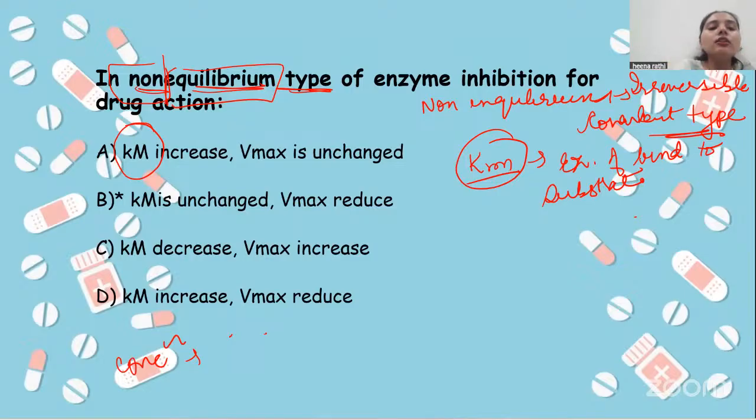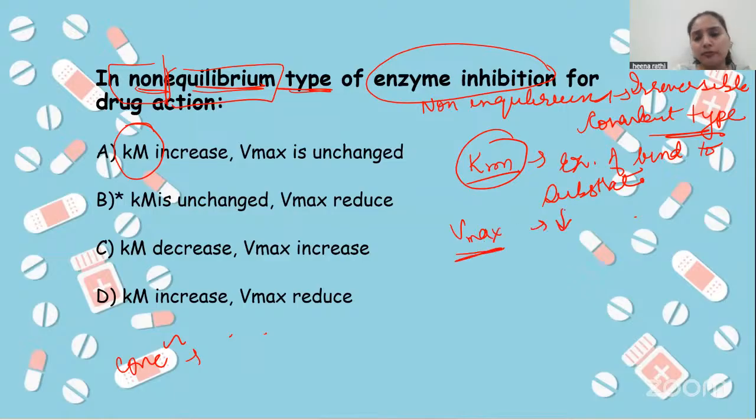Now it is saying non-equilibrium type of enzyme inhibition. It is an inhibiting type of enzyme which is going to inhibit the reactions. When it inhibits the reaction, the maximum velocity is going to be reduced.